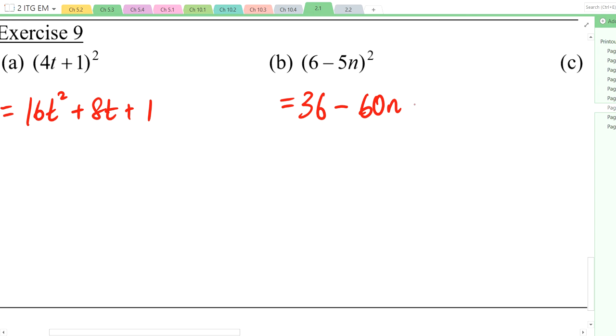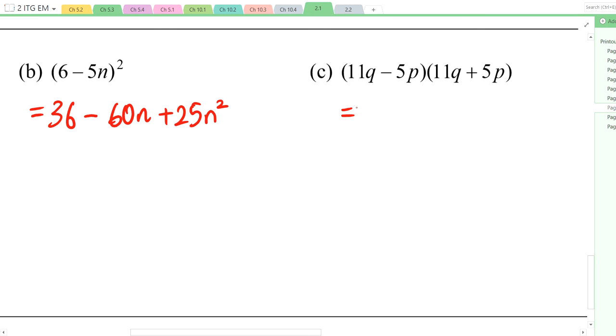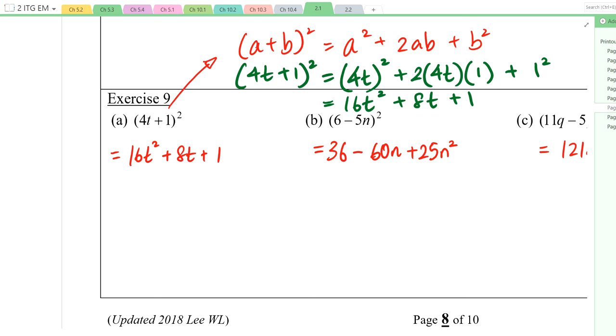Then plus or minus? Plus 25n square. Okay, and the last one, what do we have? 121q square minus 25p square. Okay, so exercise 9 done.